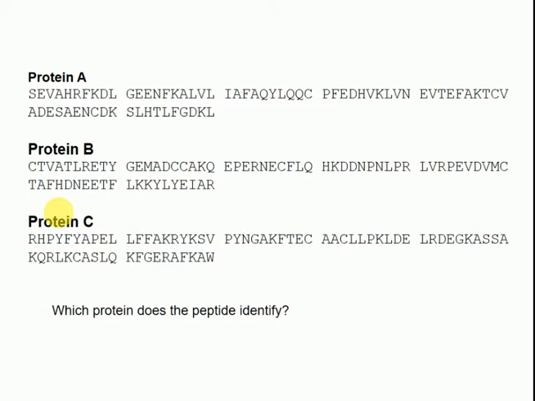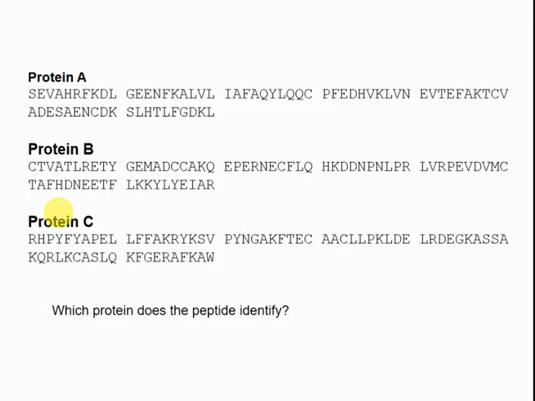It is protein C, you're right. Relax. Do you want to say why it's protein C? Yeah, it's this peptide here. Because we deduced what the sequence of this peptide was, we can look at the protein sequences and ask where we see that sequence, and identify the protein.